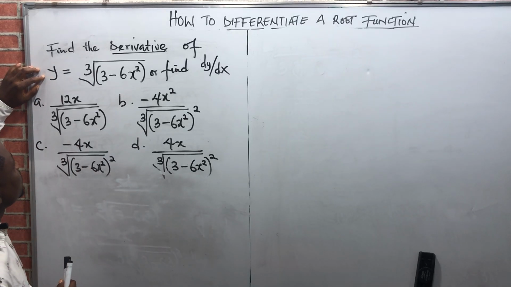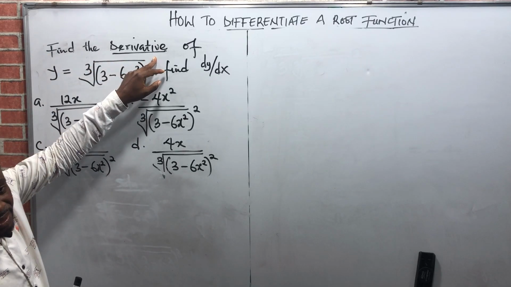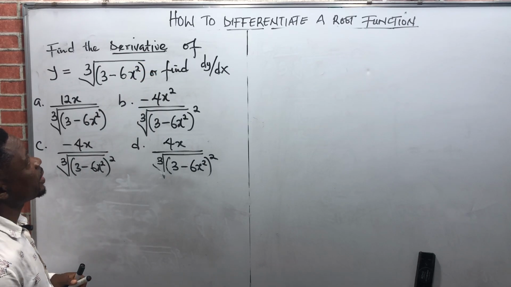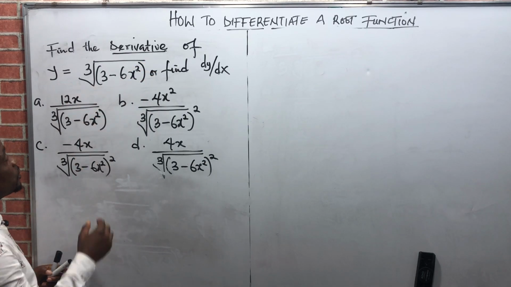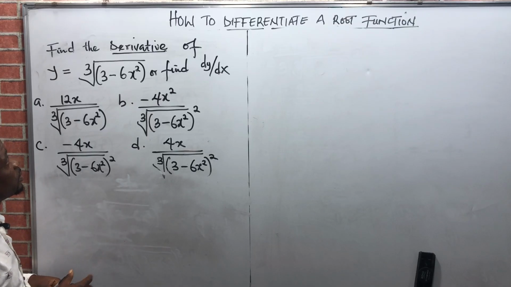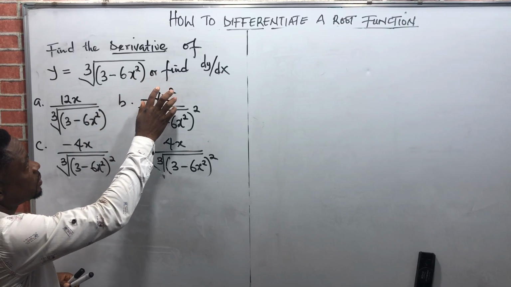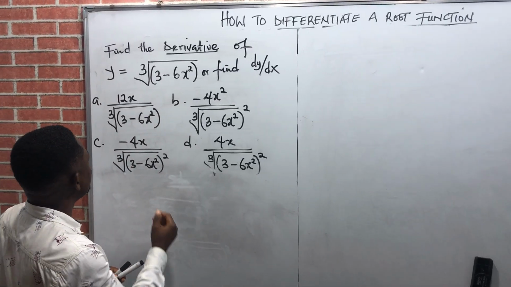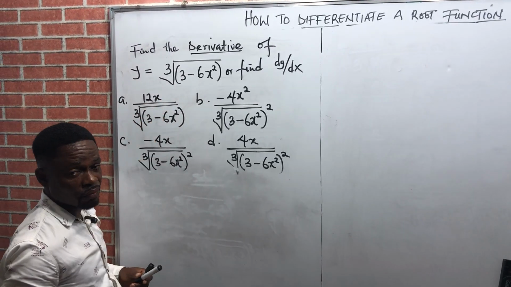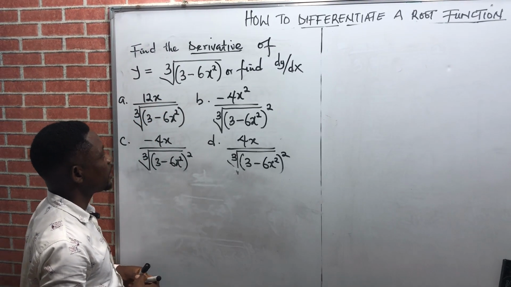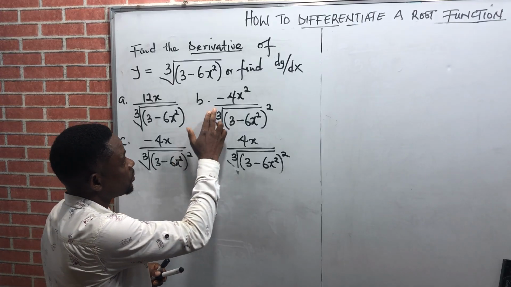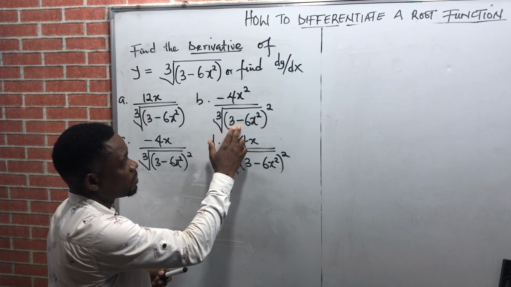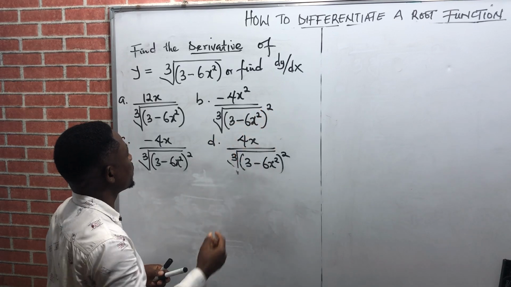The question says that we should find the derivative. The word derivative simply means dy/dx, of y equals cube root of 3 minus 6x squared. Now look at the options. The first one is 12x over cube root of 3 minus 6x squared. Option B, minus 4x squared over cube root of 3 minus 6x squared, all squared.